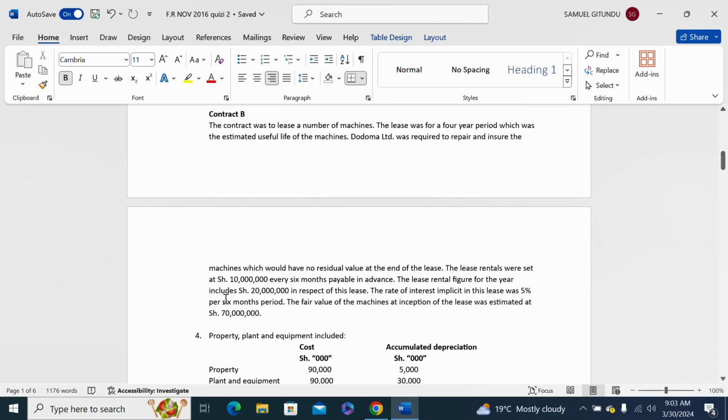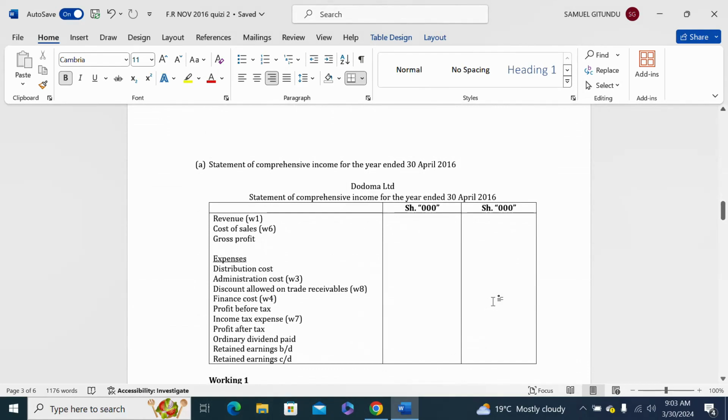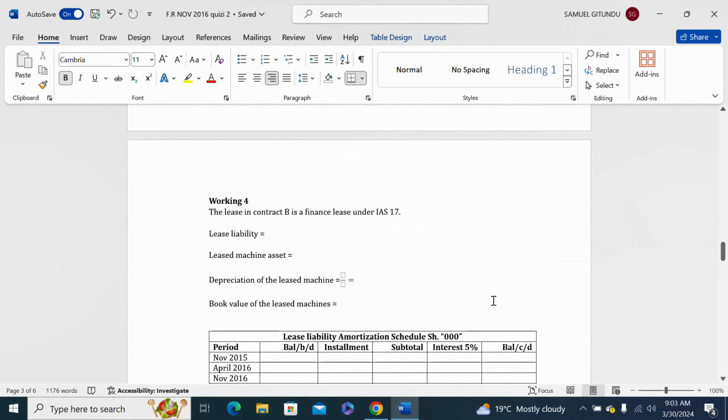The lease rental figure for the year includes shillings 20 million in respect of this lease. The rate of interest implicit in this lease was 5% per 6 months. The fair value of the machine at inception of the lease was estimated as shillings 70 million. Therefore, we go to that lease. The lease liability, we've been told, is 70 million.